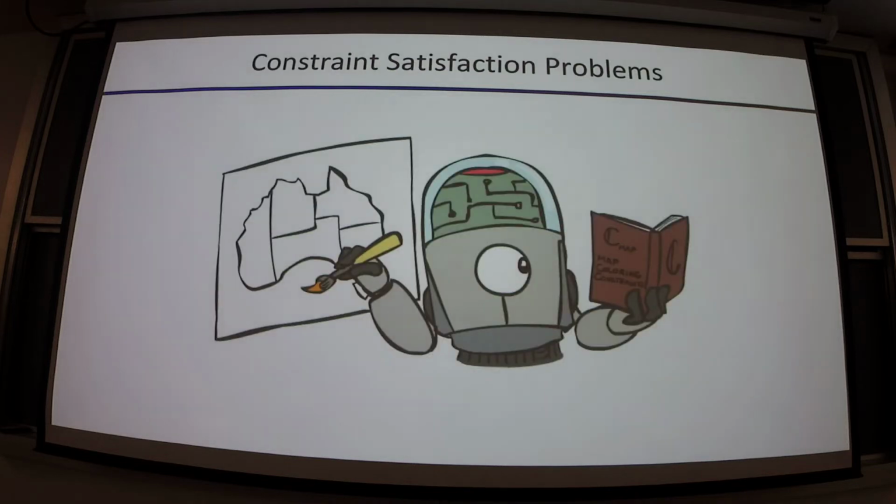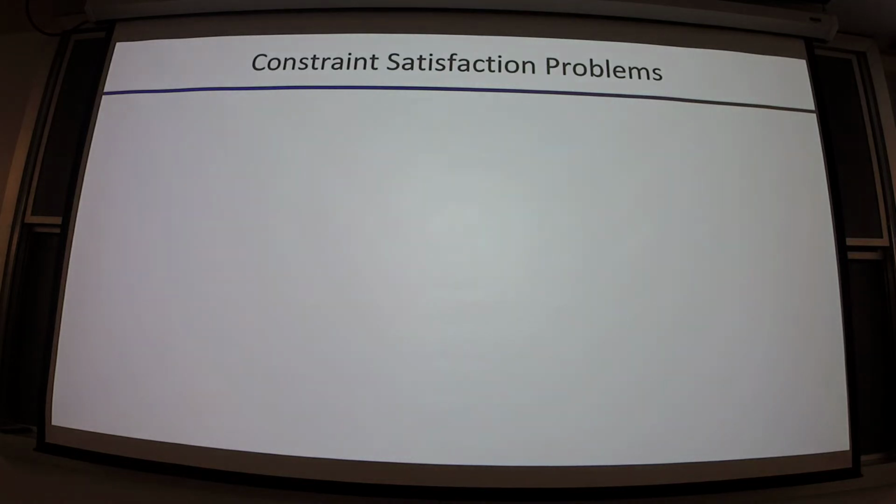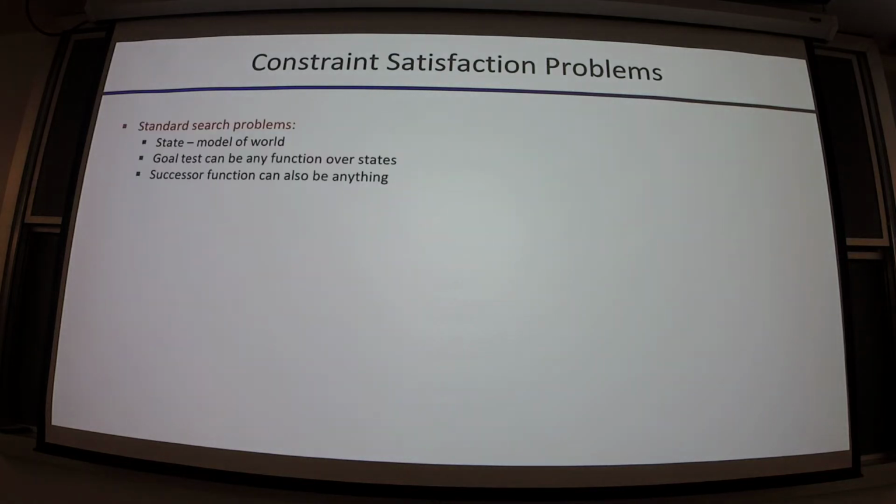Okay, constraint satisfaction problems. So how are constraint satisfaction problems, or CSPs, different from standard search problems? In the standard search problem, we have this state, and in the state, we have encoded some model of the world. We have a goal test that says, for some state, is this or is this not a goal?